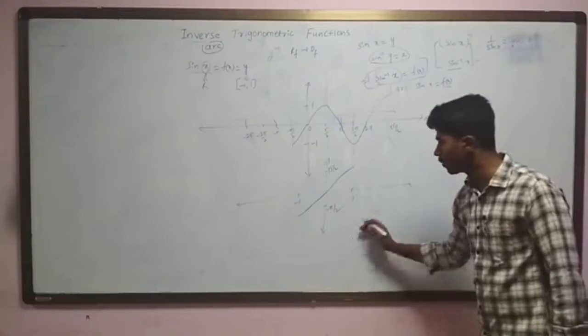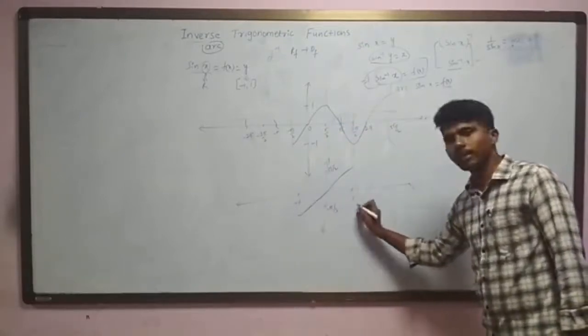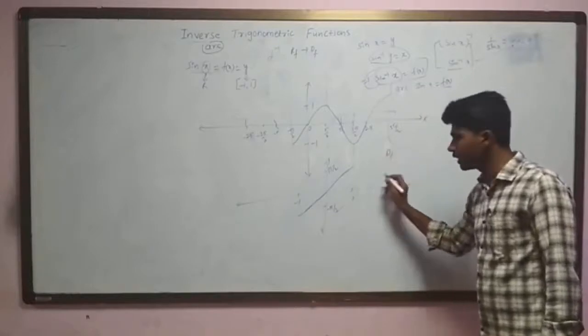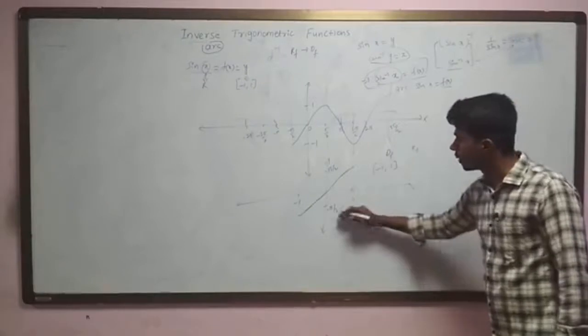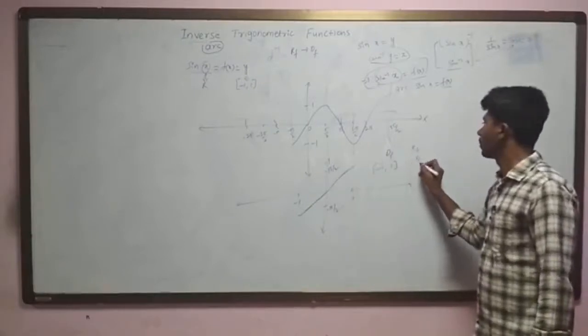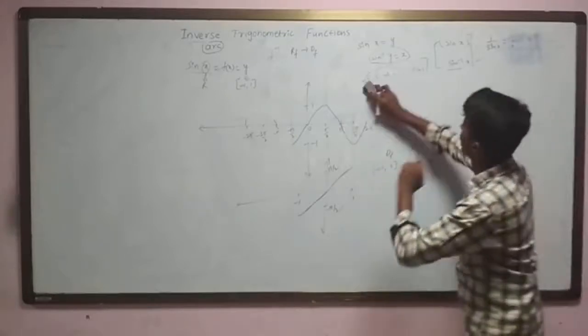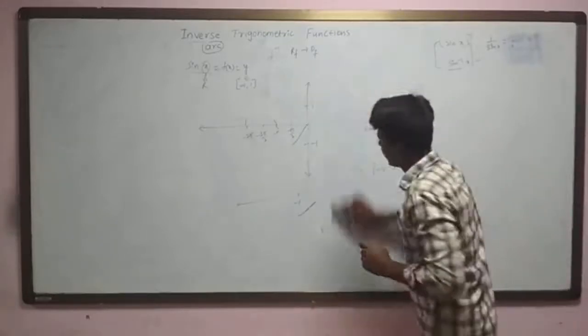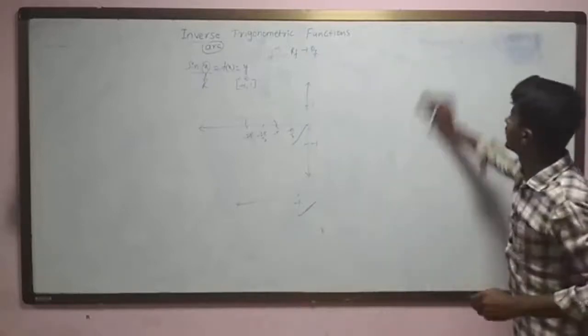What is the domain? The value of x. So from -1 to 1 it is defined. So the domain of sine inverse is -1 to 1, and the range of the sine inverse is -pi by 2 to pi by 2.